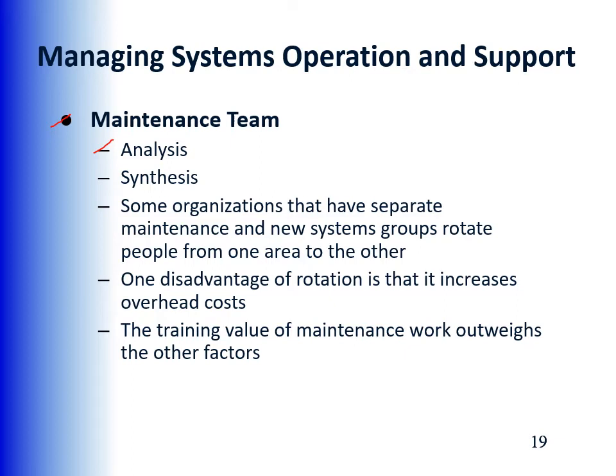Many IT departments also use the job title programmer/analyst to designate a position that requires a combination of system analyst and programming skills. And the training value of maintenance work outweighs the other factors.